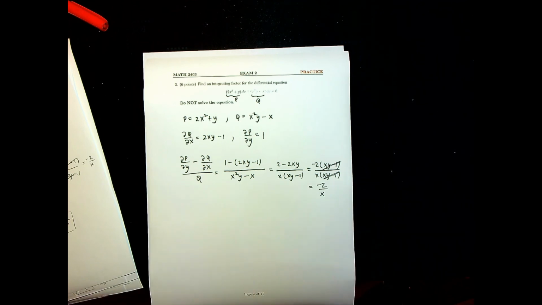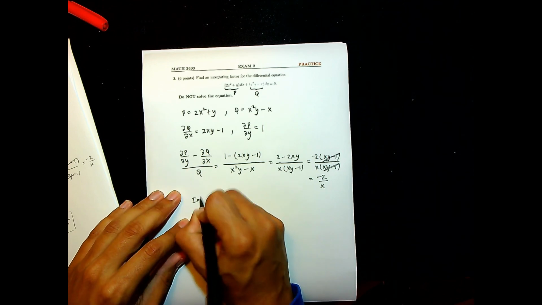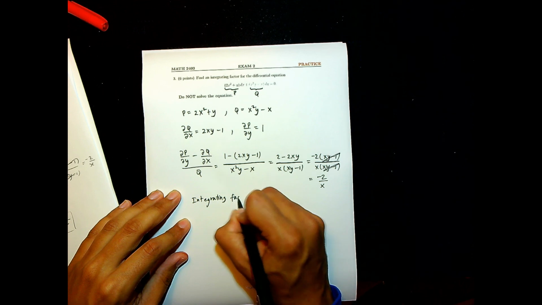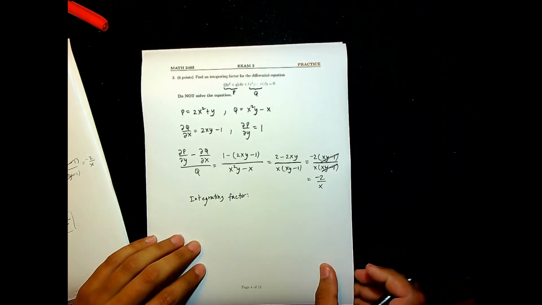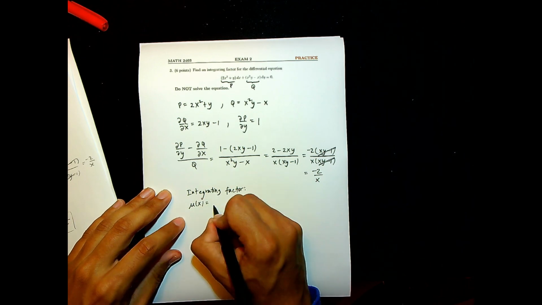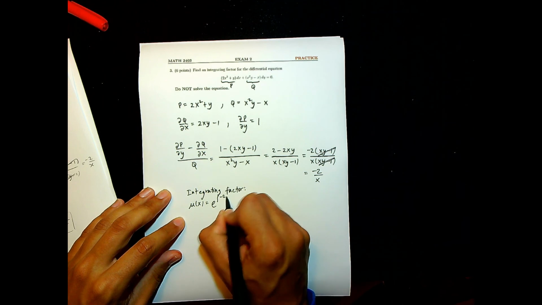So you see this is a function of only one variable, a function of x. So then that means the integrating factor is going to be mu of x equals e to the integral of negative 2 over x dx.